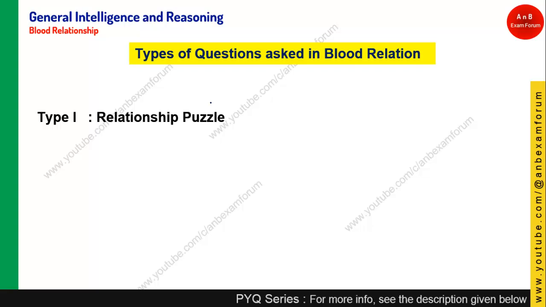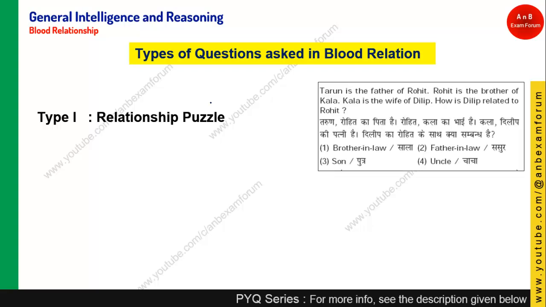A relationship puzzle is something like this: there will be some persons, like here it is Tarun and Rohit, and there will be some relationship between those persons, and you have to find the relationship between any of the persons given in the question. You are solving a puzzle, so that's why it is called a relationship puzzle, and this is the most common type which was asked in all the exams.